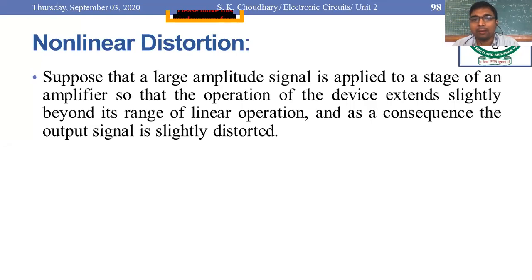Suppose that you have applied a large amplitude signal to an amplifier. So what happens? The operation of the device would be extended slightly beyond the range of its linear operation, and because of that, your output signal would be slightly distorted.